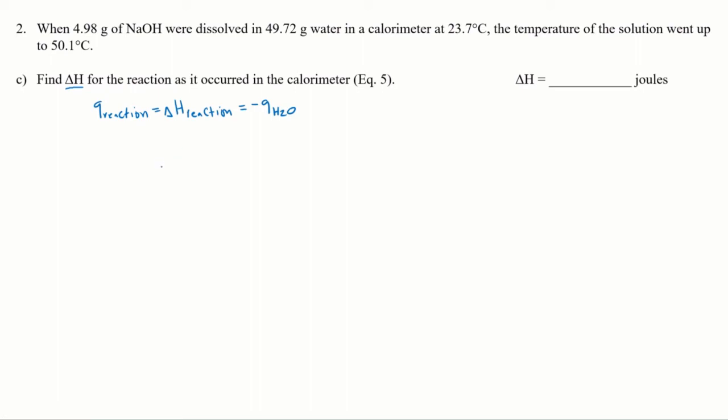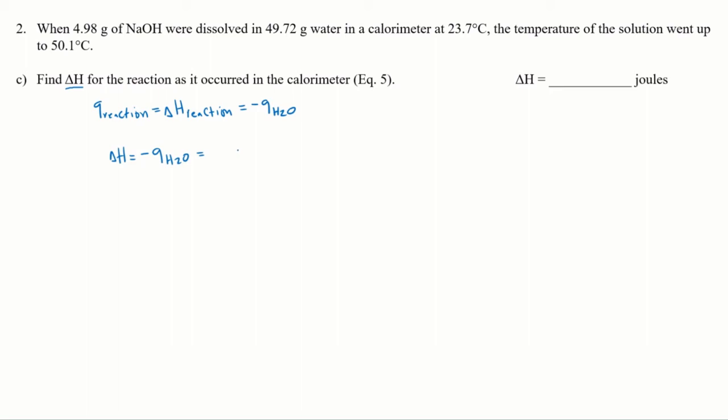Now we already calculated what Q of water was, and we got a positive value for Q of water in part B, positive 5.49 times 10 to the 3 joules. So delta H for this reaction will simply equal negative Q of water. We'll have the same exact amount of joules, but opposite in sign.